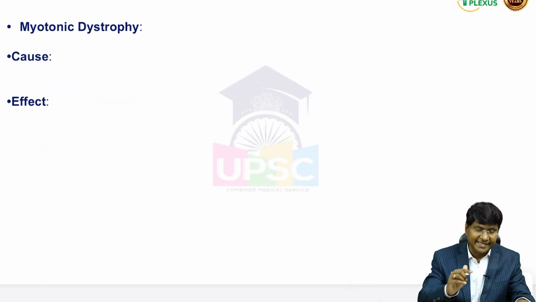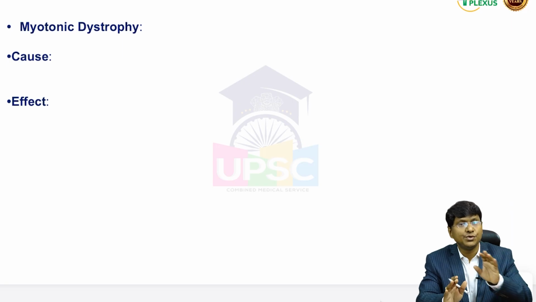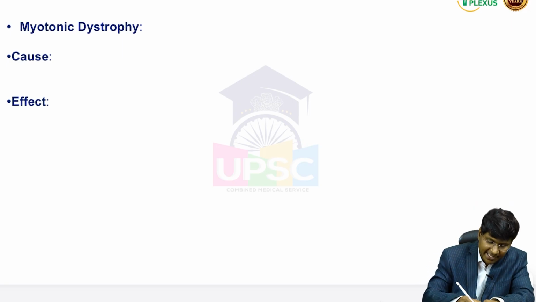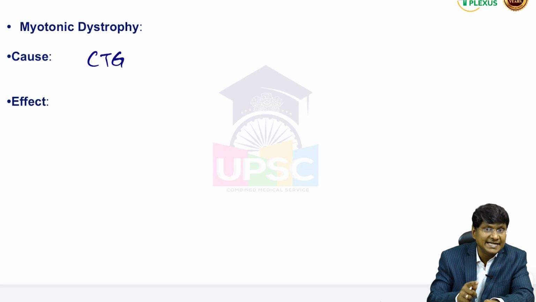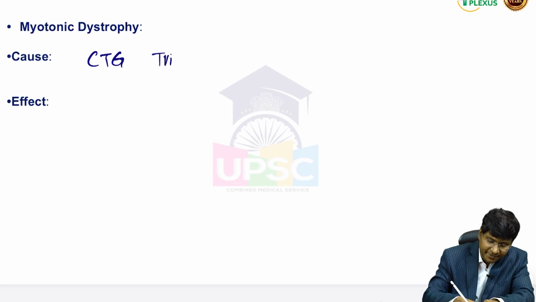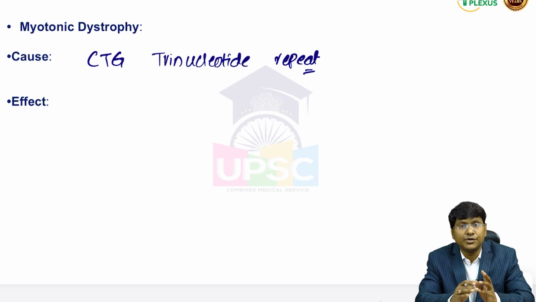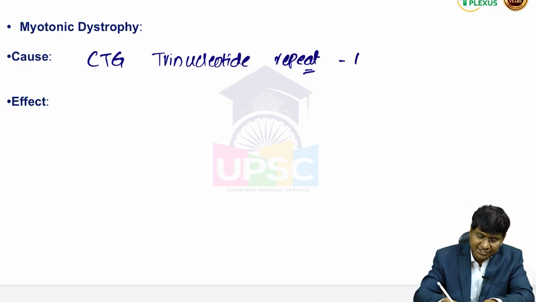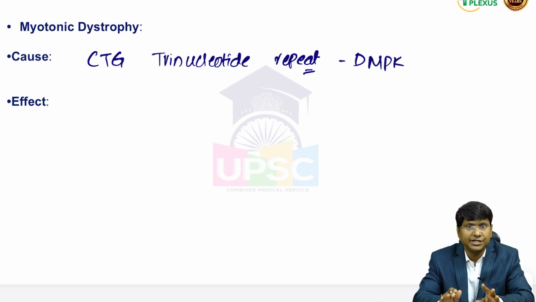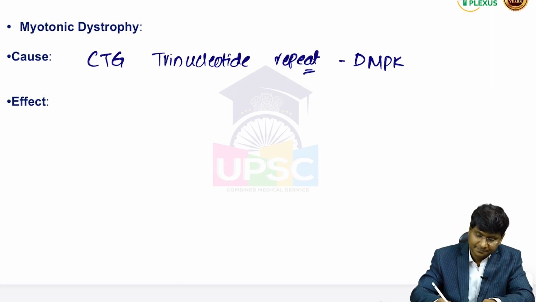And the next one is myotonic dystrophy. This is also due to a trinucleotide repeat, and this is caused by CTG trinucleotide repeat expansion, and the gene that is defective here is the DMPK gene, that is for myotonic dystrophy type 1.